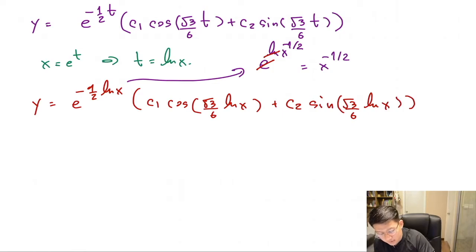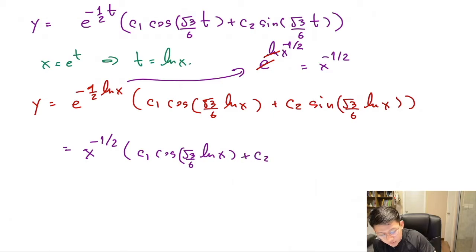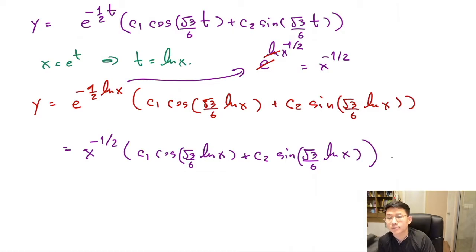So you can write the solution as x to the power of minus 1/2 times c1 cos square root 3 divided by 6 log x plus c2 sine square root 3 divided by 6 log x. And that's it. That is the solution.